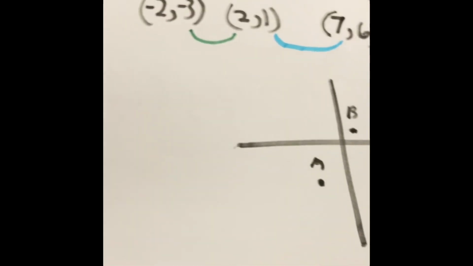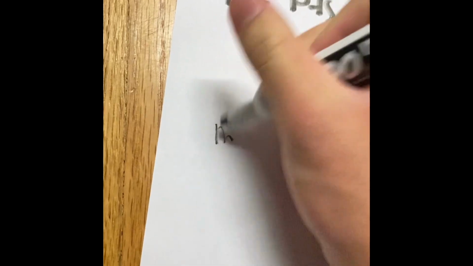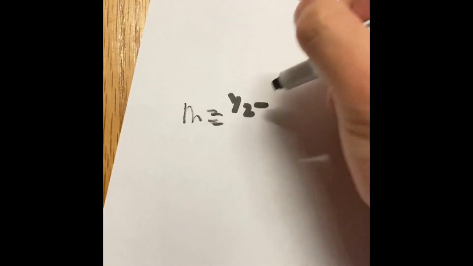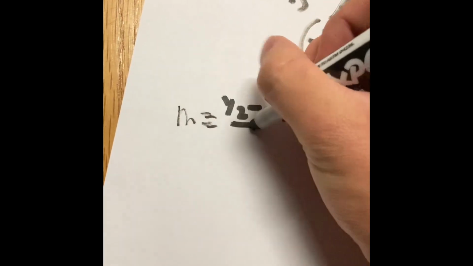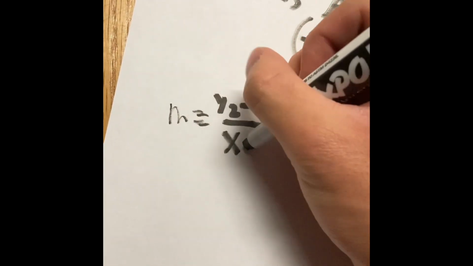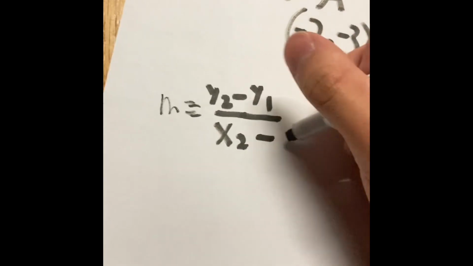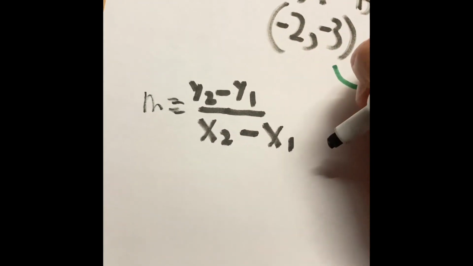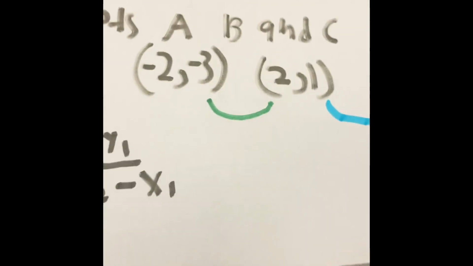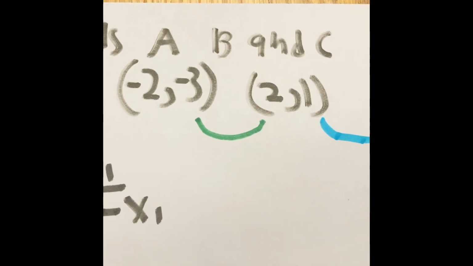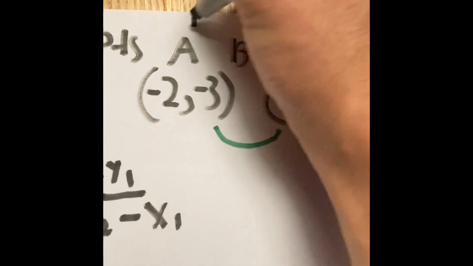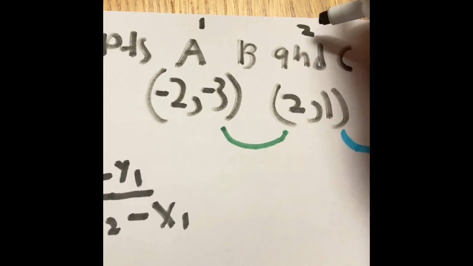So, from the slope formula, the slope is going to equal the second y minus the first y, divided by the second x minus the first x. It doesn't matter which point we use for what. I'm going to say A is point 1 and B is point 2.